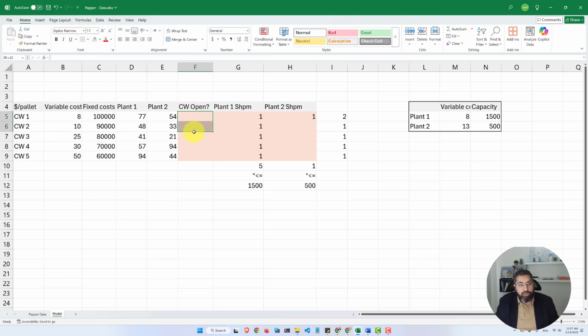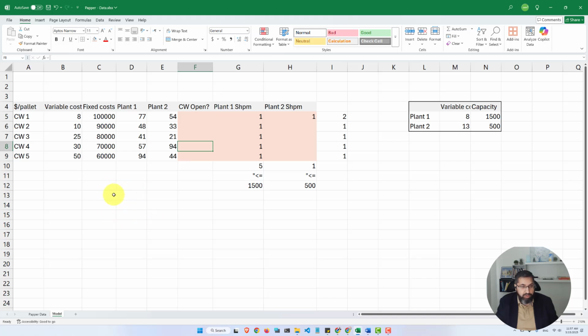So these binary variables will tell me whether a central warehouse is open or not, right? If it is open, we'll factor in the variable cost and the fixed cost, and if it's not open, we'll not count the fixed cost. That's the first stage of my supply chain.